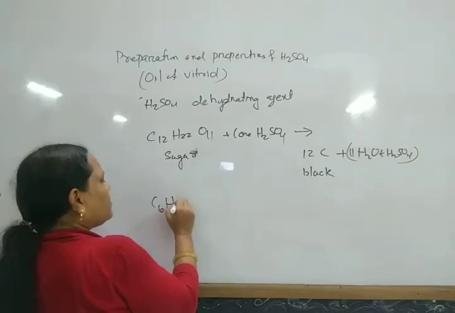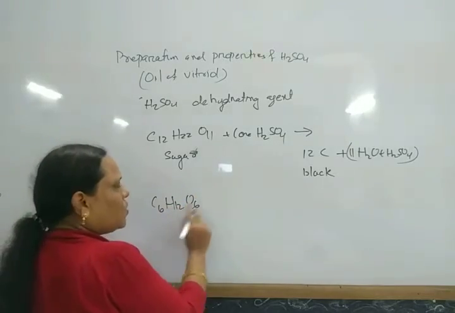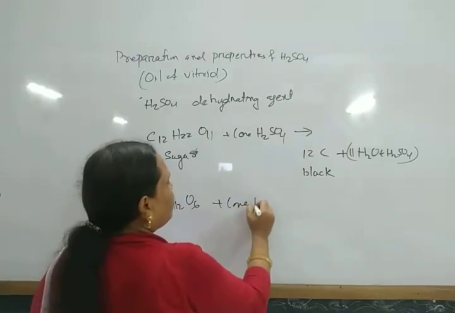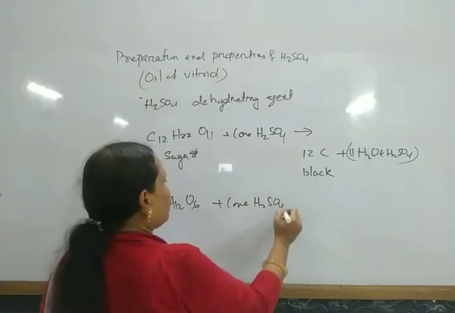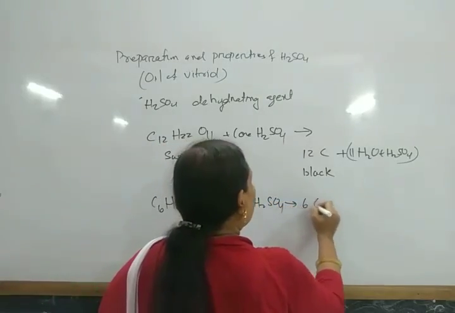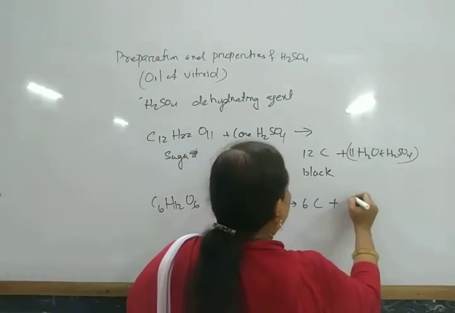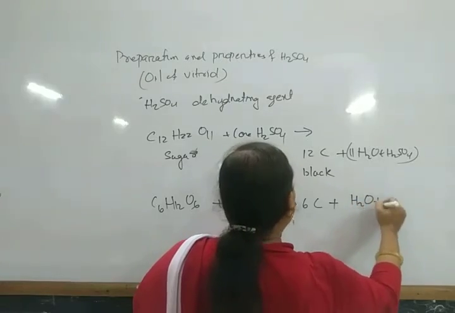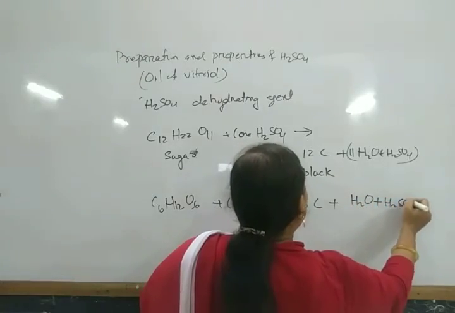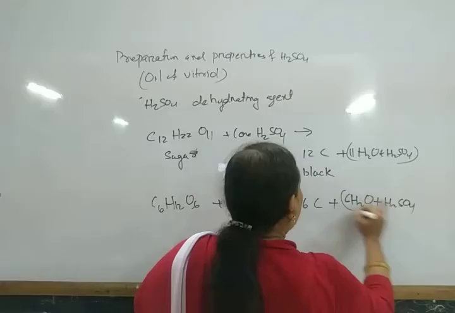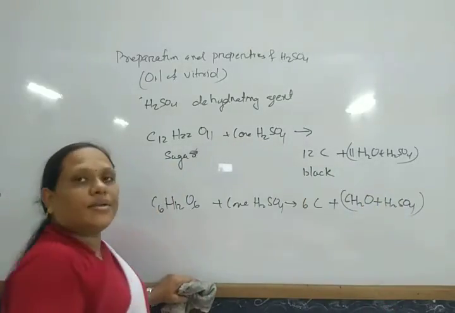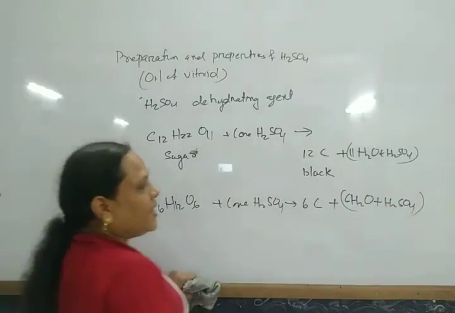Similarly, when glucose is treated with concentrated sulfuric acid, it also forms carbon plus H2O and H2SO4. So all the water molecules are removed.